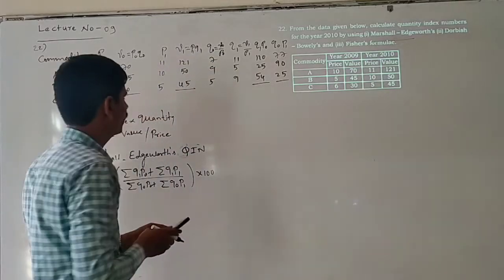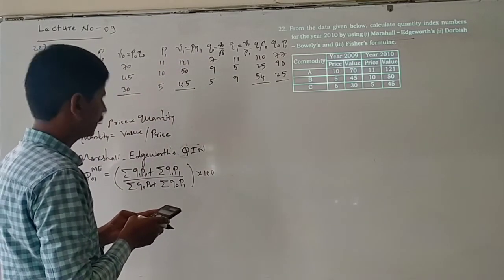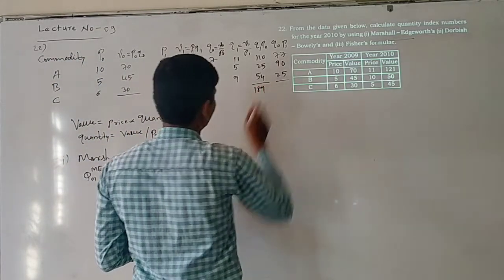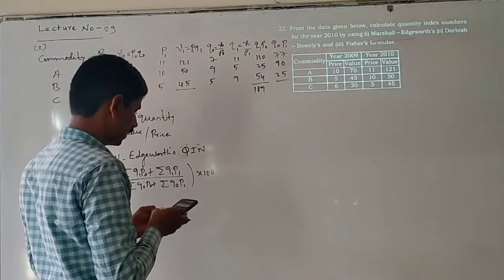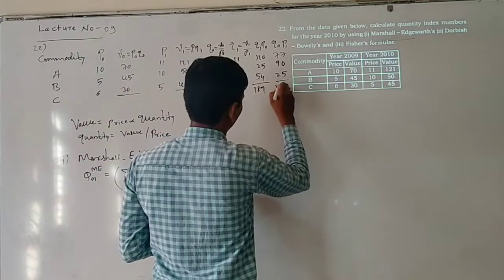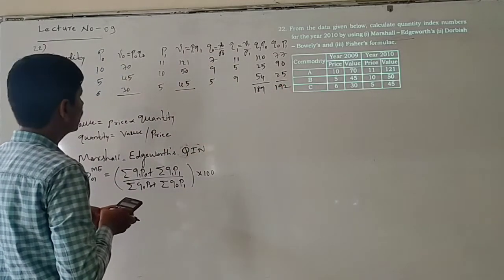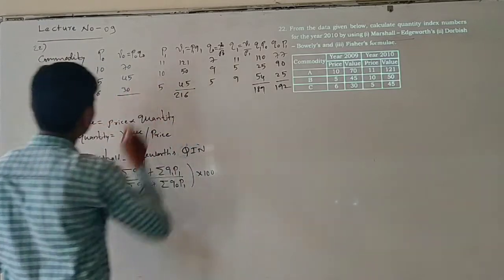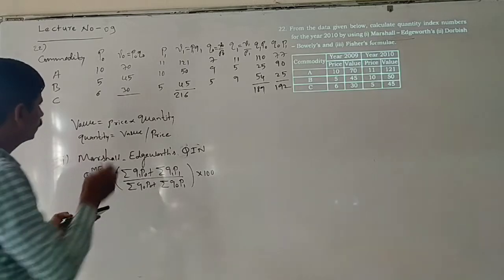We have to add all these values. 110 plus 25 is 135 plus 54 is 189. Next Q0 P1: 77 plus 90 plus 25, then we get 192. Next sum of Q1 P1: 121 plus 50 plus 45 is 216. The next sum of Q0 P0: 70 plus 45 plus 30 is 145.